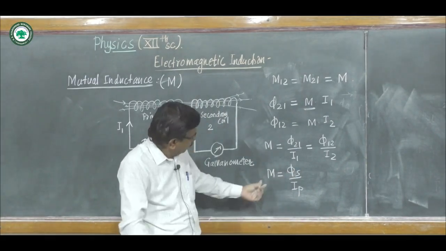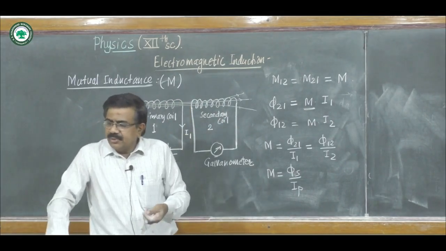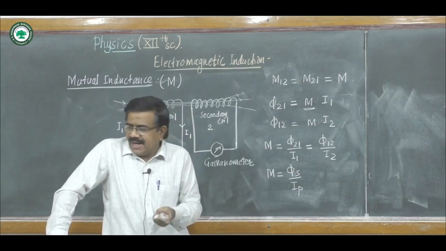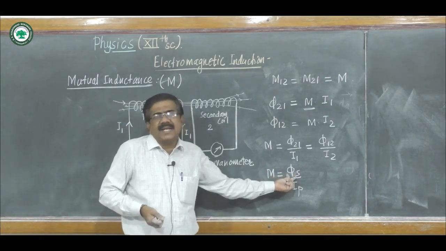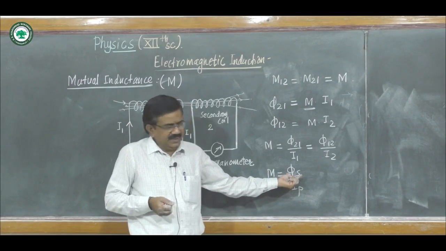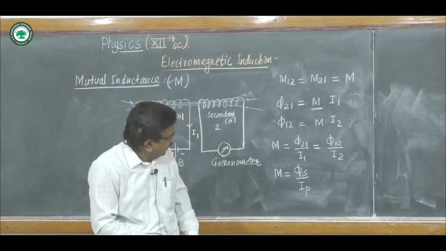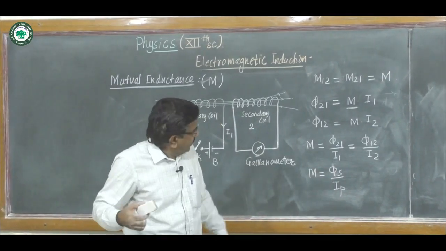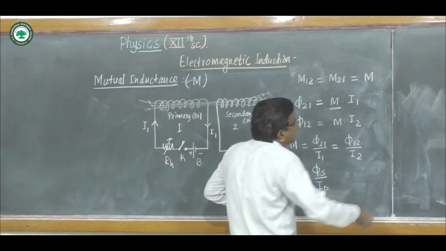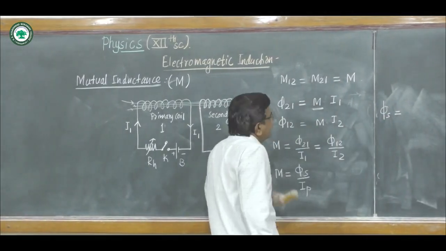See again, this mutual inductance between the two coils is magnetic flux linked with the secondary circuit per unit current IP in the primary circuit. This is the simple definition. Therefore, this phi s, flux in secondary, is M into IP.